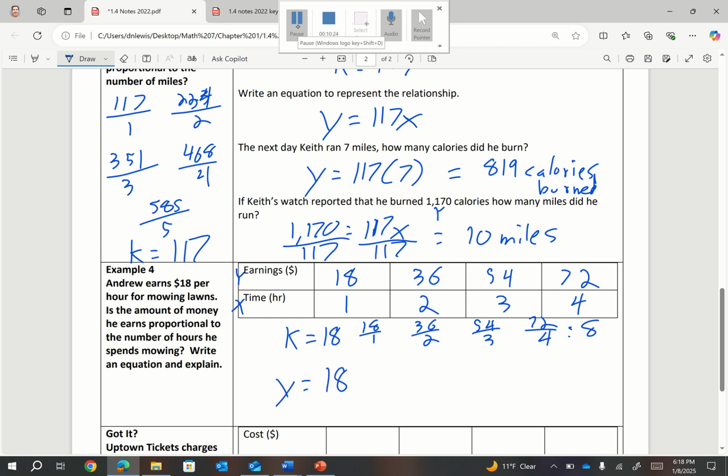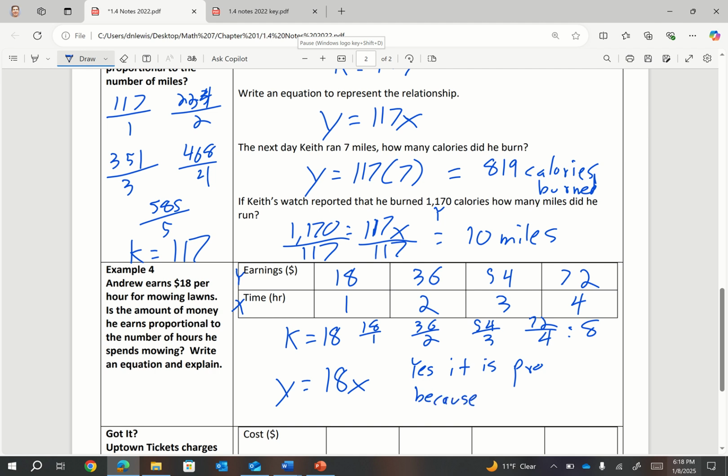Y equals 18 times x. And if you're told that you need to explain if it's proportional or not, you would say, yes, it is proportional because y over x keeps equaling 18.